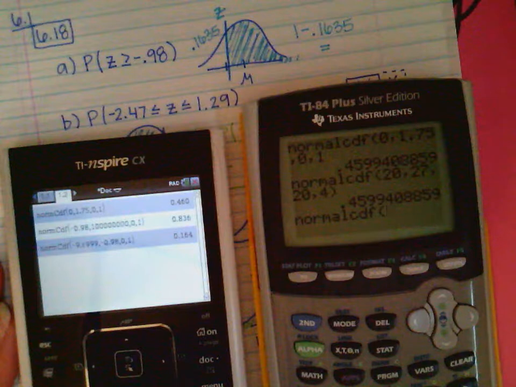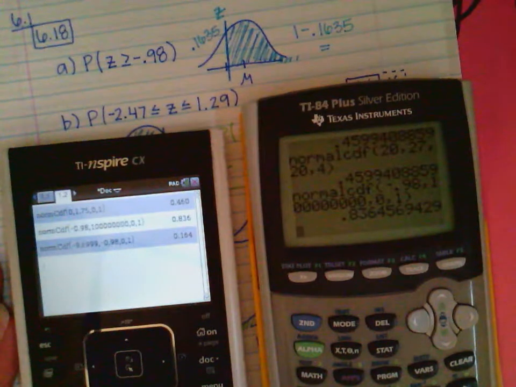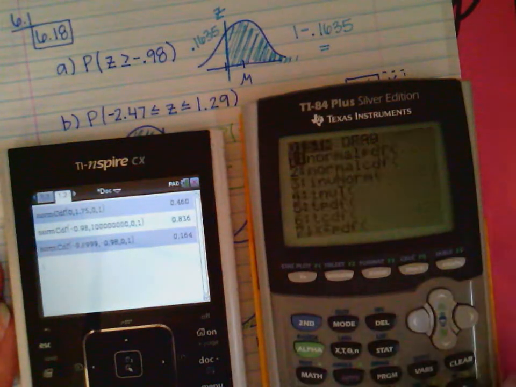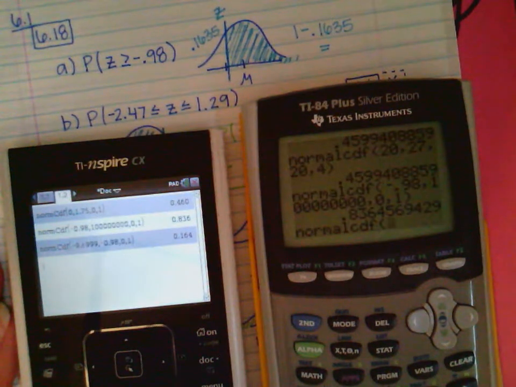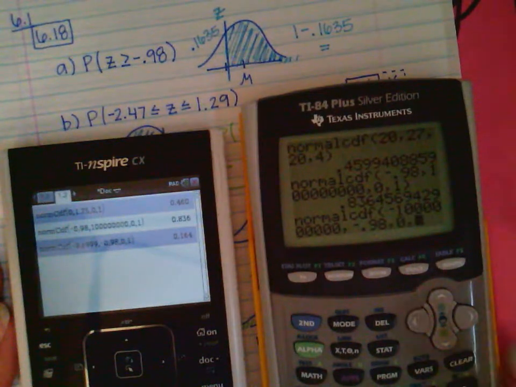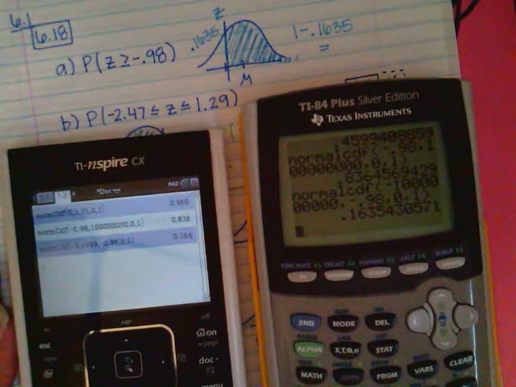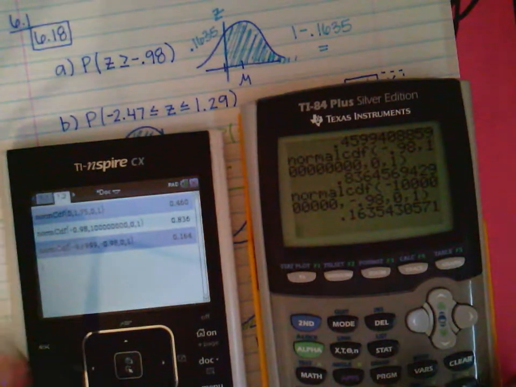So you do lower bound, and then upper bound is a really big number, 0, 1, and close it out, okay? Or if you wanted the left-hand side, really small number, -0.98, 0, 1. And then get to the left-hand side, okay?